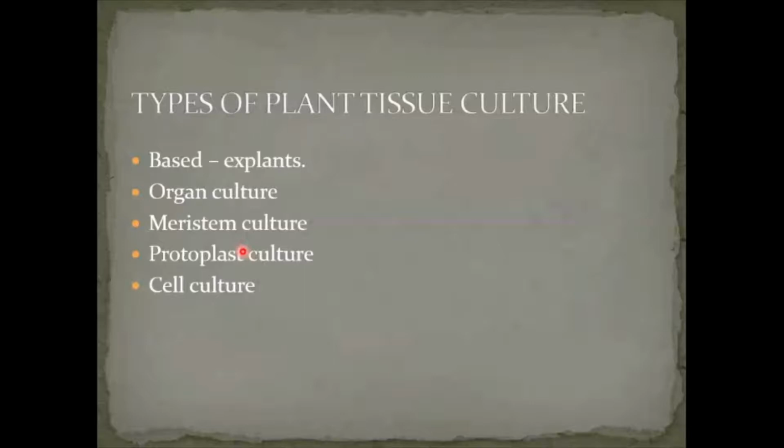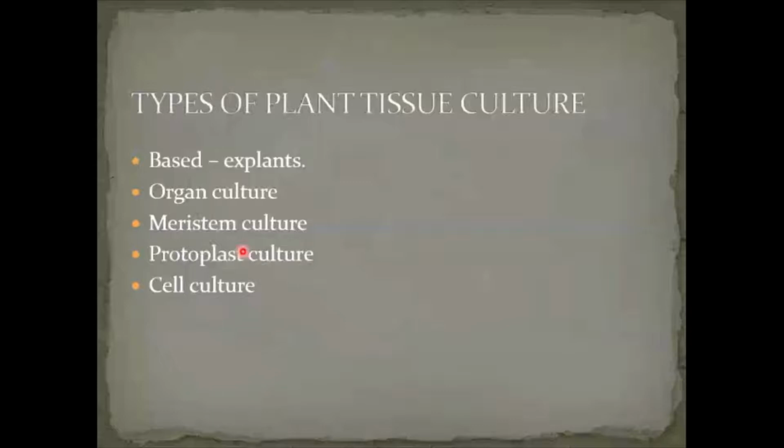But in addition to that, secondary metabolites are produced that can be used for our needs. So cell culture is mostly used for the production of secondary metabolites. In addition to that, individual cells are also used for the regeneration of new plants.